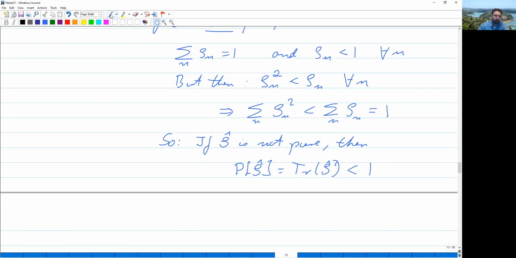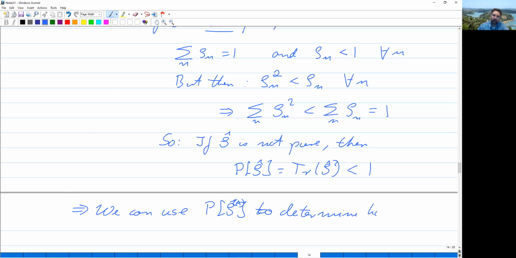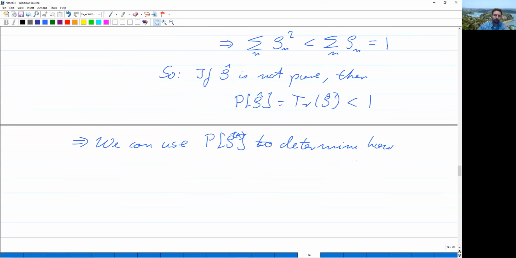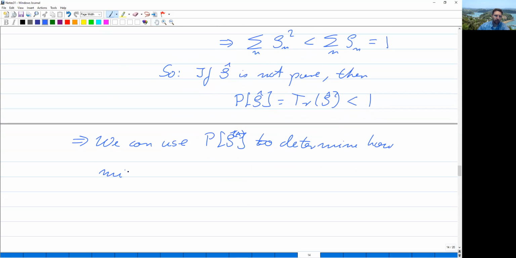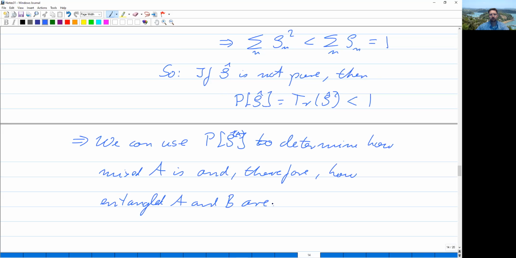So, in conclusion, we can use P of rho hat A to determine how mixed system A is, and therefore how entangled A and B are.